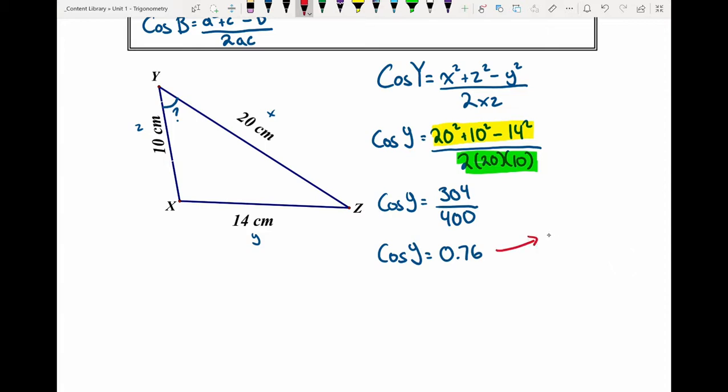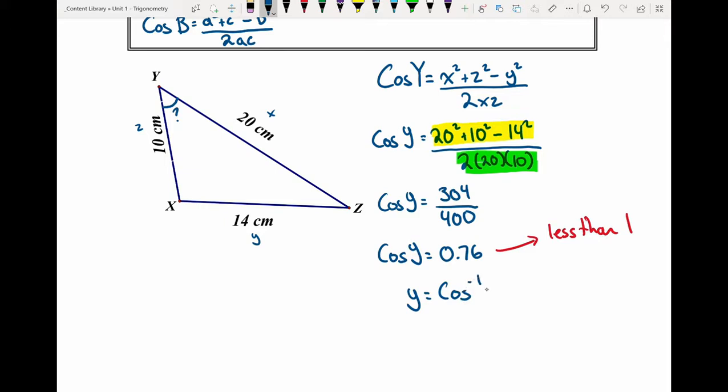The key thing you want out of this, when you do your division, is that your answer should be less than 1. Anything more than 1 and you have a calculation error somewhere. It could be you have the sides in the wrong spot, or maybe you did something wrong on the calculator. So right now our division gives 0.76. That's less than 1, so that's good. To get y by itself, I have to do the inverse of cosine.